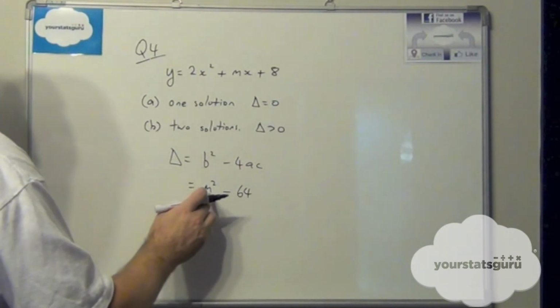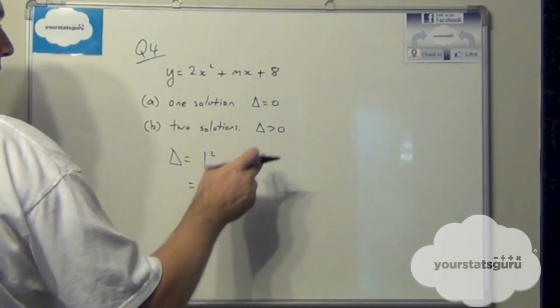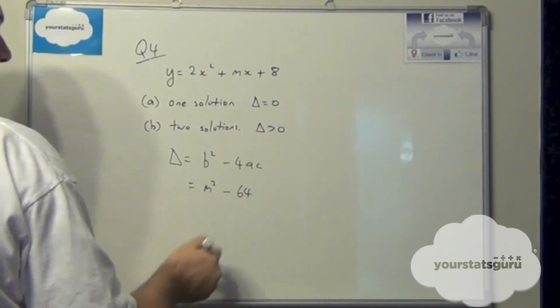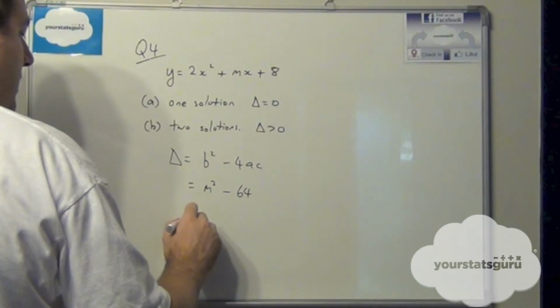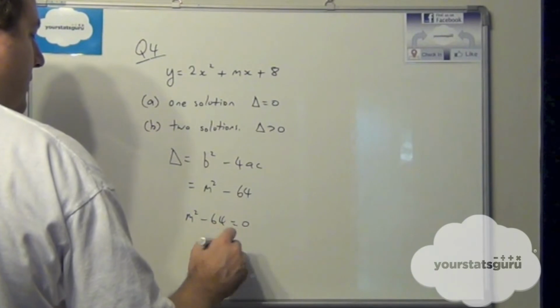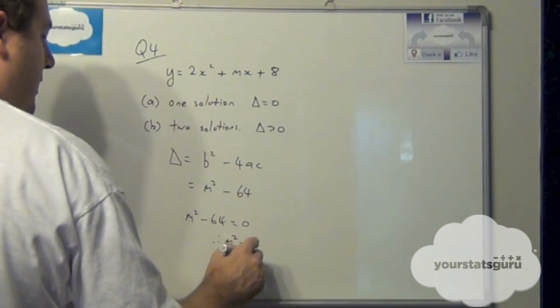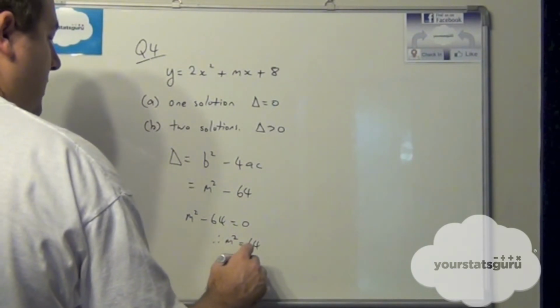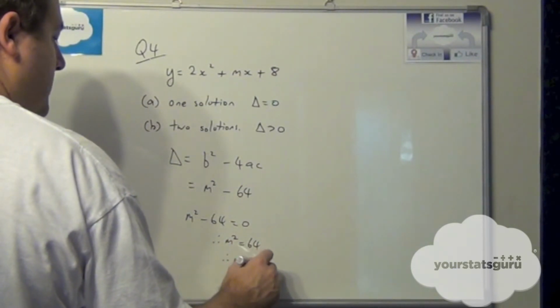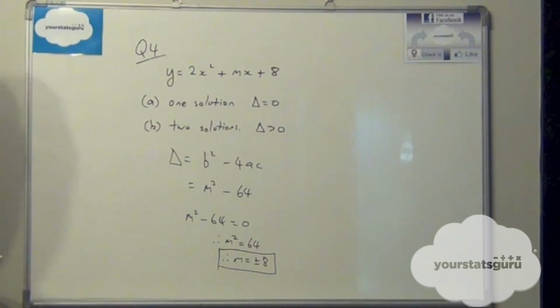So we want to know what values of m will make this 0 and what values of m will make it positive. So first let's look at m squared minus 64 equals 0. Therefore m squared is equal to 64. Therefore m is equal to plus or minus 8. So there are in fact two values of m which would make this equation have one solution.